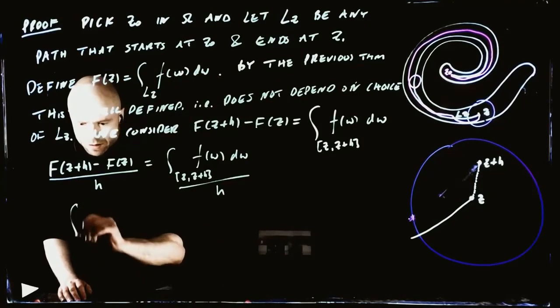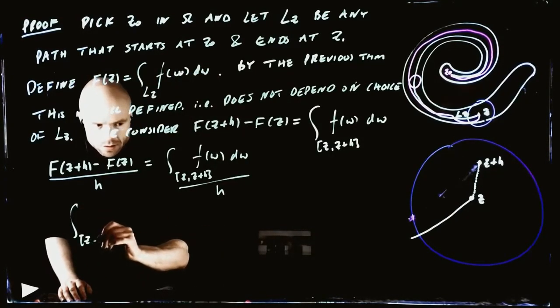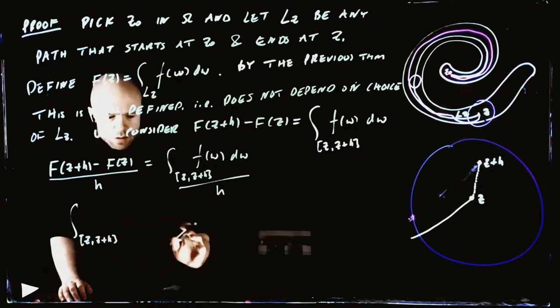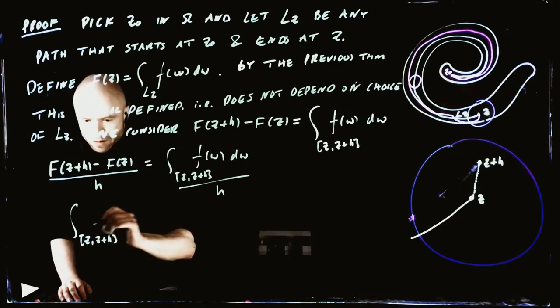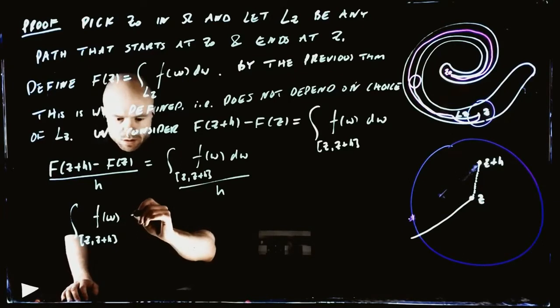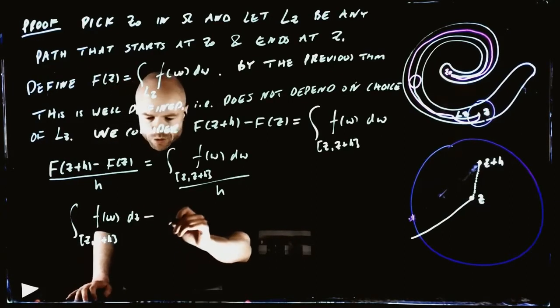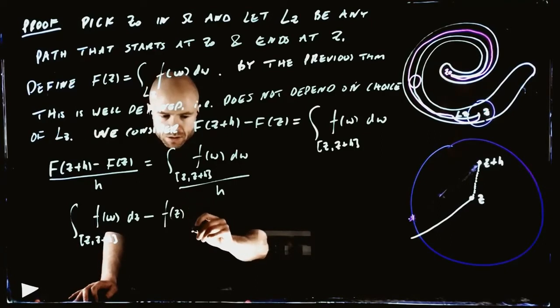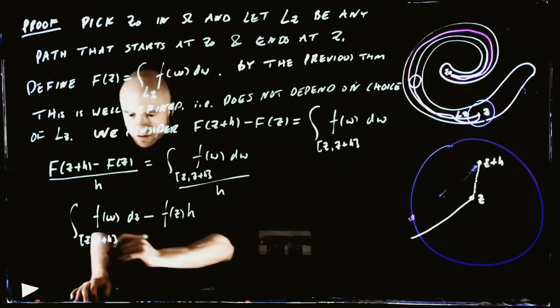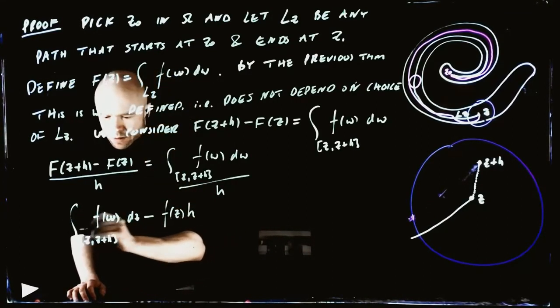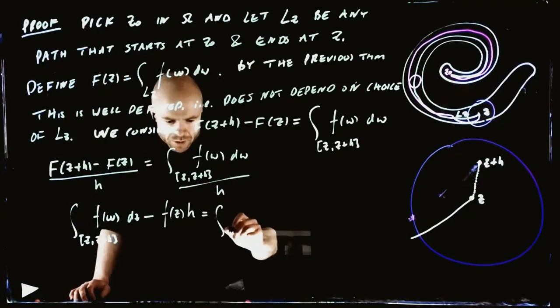If we look at the integral from z to z plus h of f of w dw, and let's subtract from that just f of z times h itself, like this. Then what is this? This thing is the same as this.